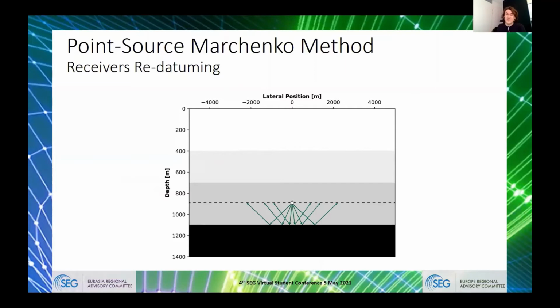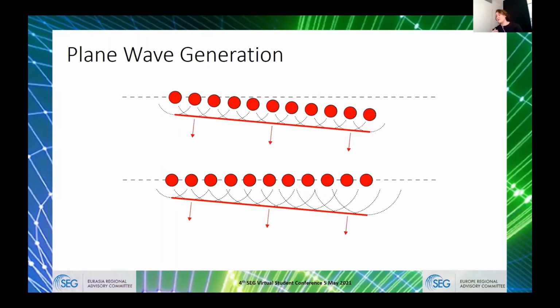So it would be better if we could do, for one focal level, this whole process at once. And that's what we achieve by using these plane waves. So these plane waves are basically a superposition of all these focusing functions, and there are two different ways of how to generate them.